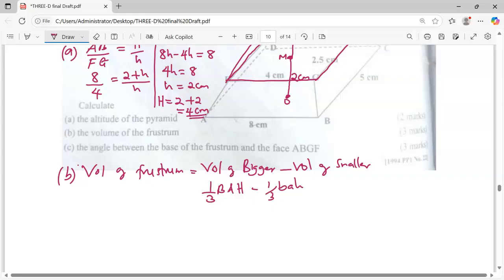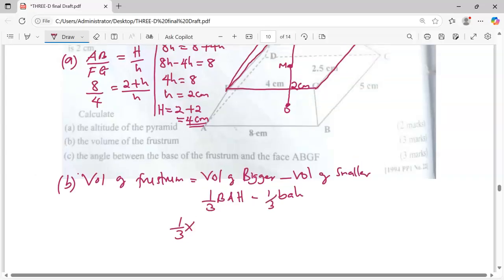In that case, we are going to substitute the values of the area and the height by taking a third times the base area of the bigger pyramid, which will be 8 times the width, which is 5.